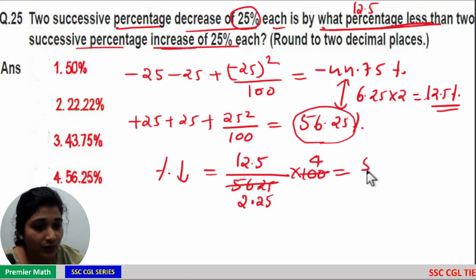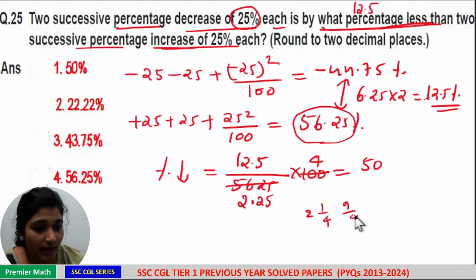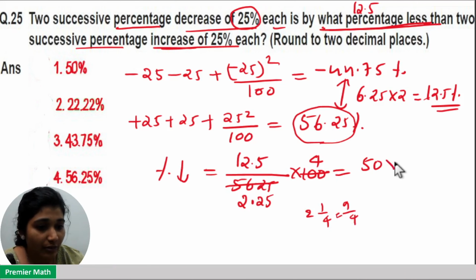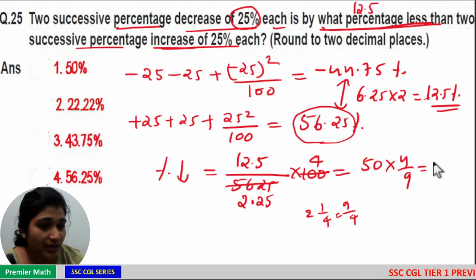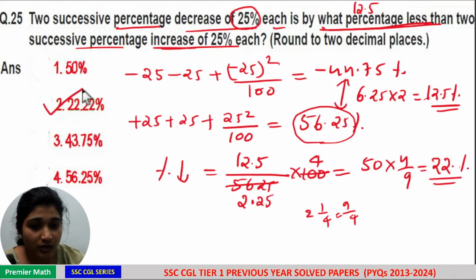So 48 plus 2 is equal to 50. 50 divided by 2.25. 2.25 means 2 and 1 by 4, which is equal to 9 by 4. So 50 into 4 by 9 is our answer, which is equal to 200 by 9, that is 22 percent. Option 2 is our answer.